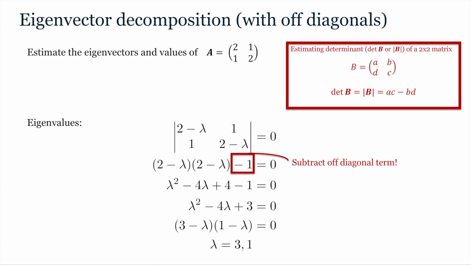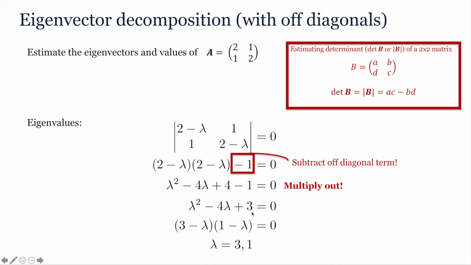So now we need to refactorize our characteristic polynomial to account for this term. We do this by first multiplying the factorized terms out to give us lambda squared minus 4 lambda plus 4. Then we subtract this off-diagonal term, minus 1, to give us lambda squared minus 4 lambda plus 3.